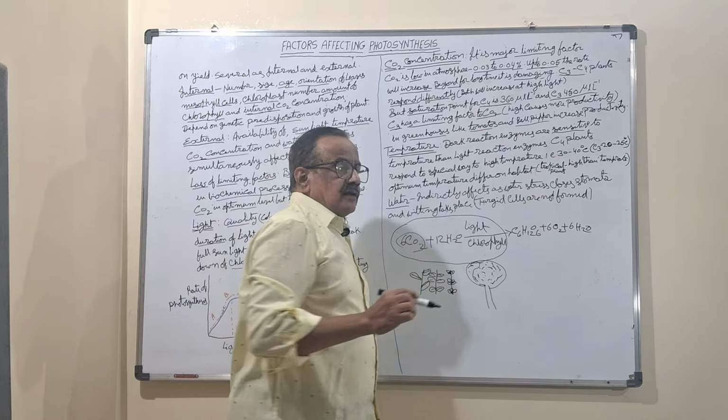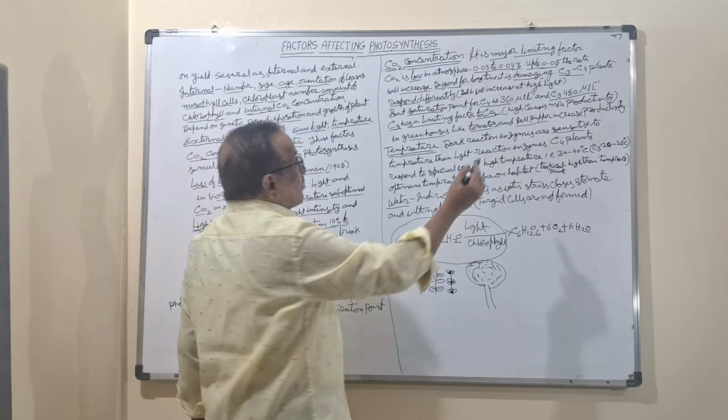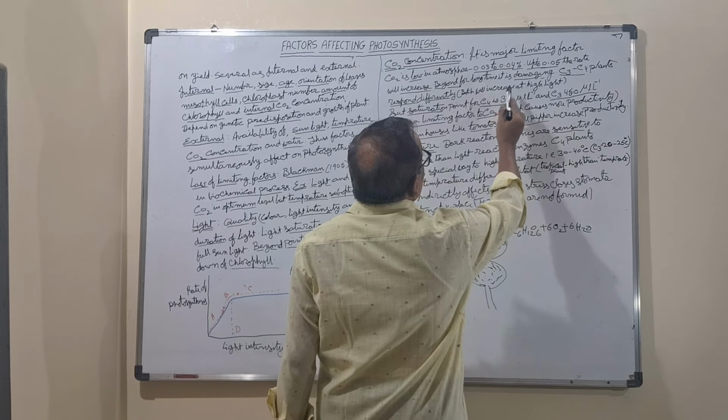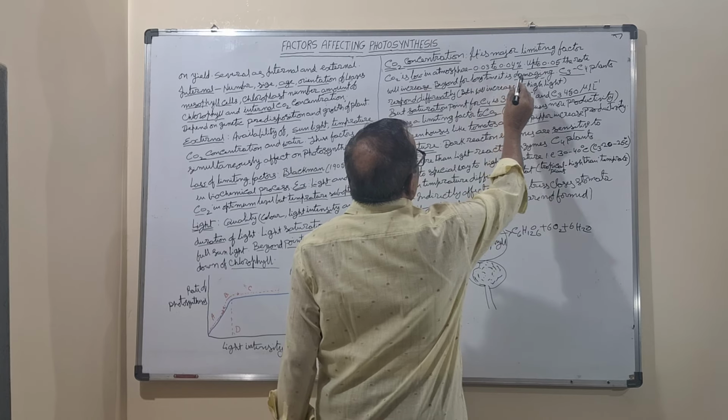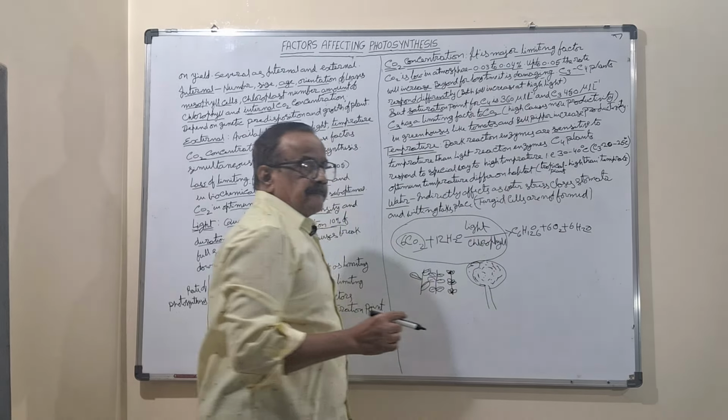Because he has given the last sentence, I will tell that also. Now you see, 360 microliters per liter is nothing but 0.036, which is present in between 0.03 to 0.04, means 36 means in between only.